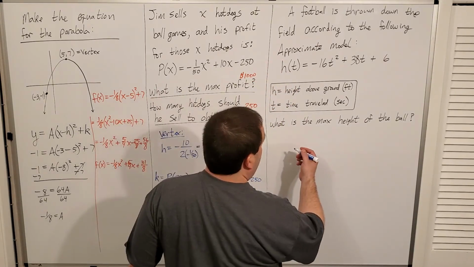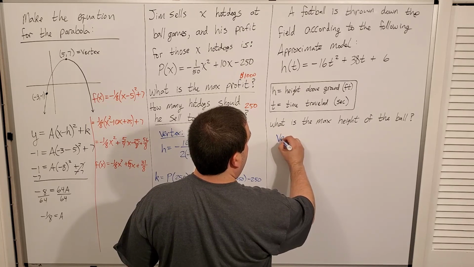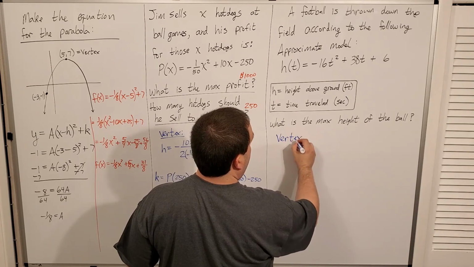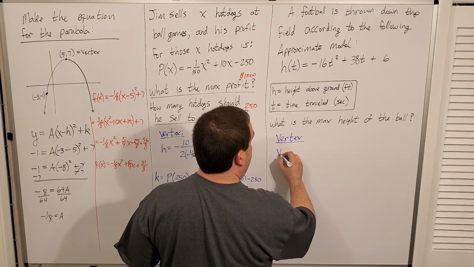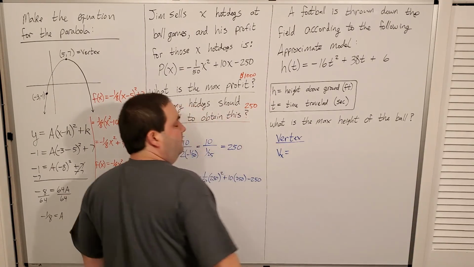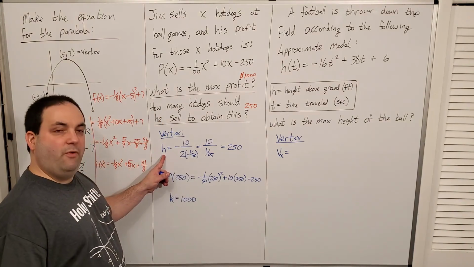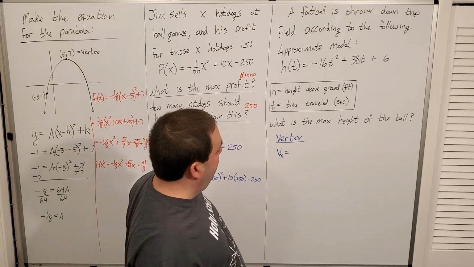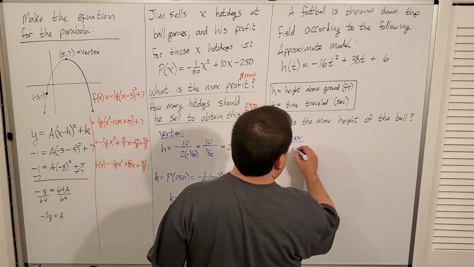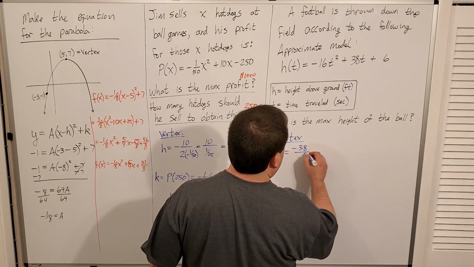But I'm going to compute the vertex, right? And instead of h and k, I'm going to use vertex sub x like this. That's what we called h before. It's the x component of the vertex. So I'll just do v sub x is negative b over 2 times a, like so.